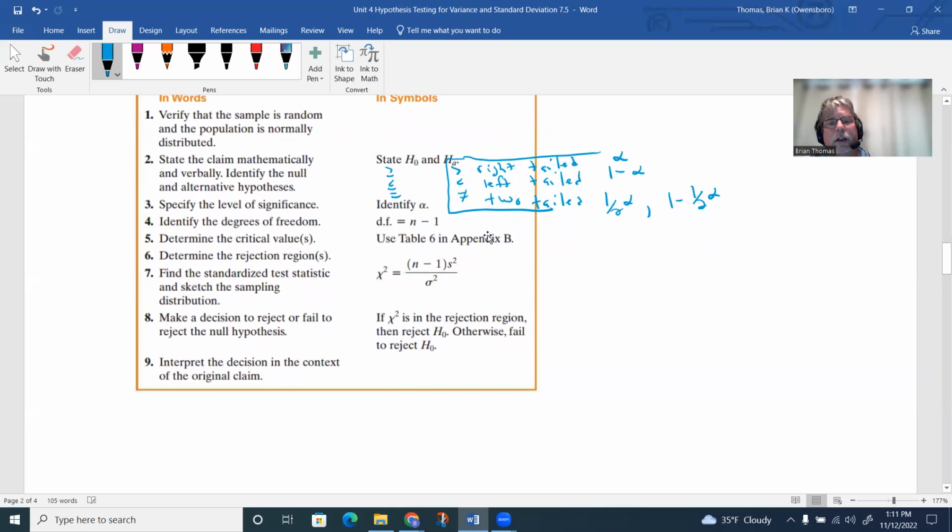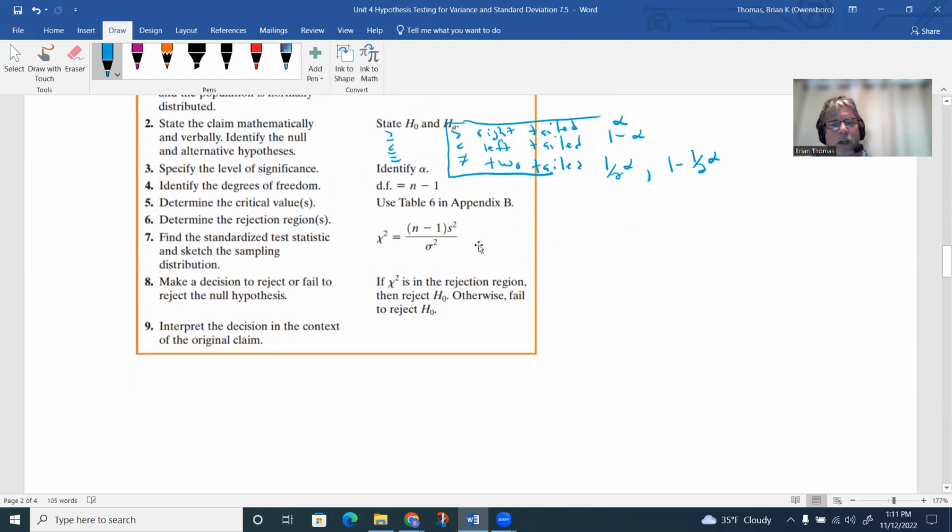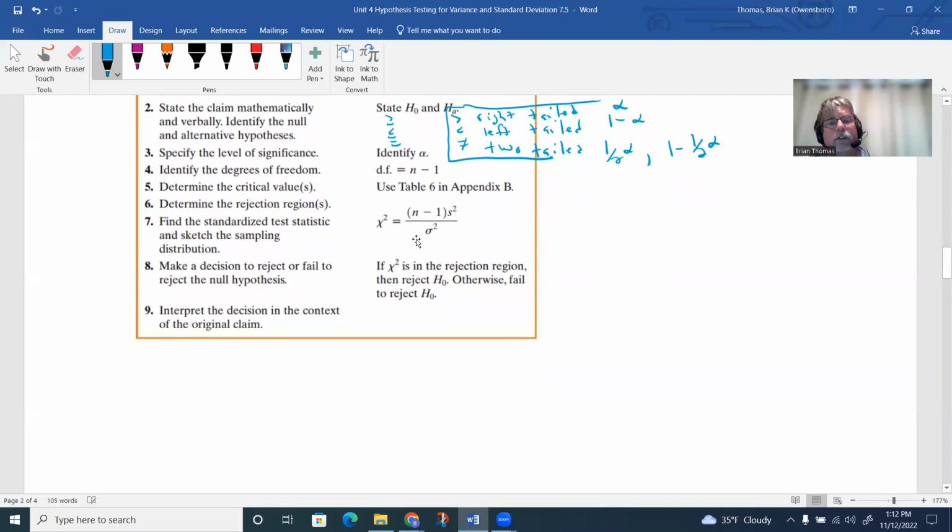That's where we also have to know the degrees of freedom. And we're going to use the table. Actually, we're going to use the PowerPoint table this time. And we have to use this formula to actually do the test statistic. Again, n-1 represents the degrees of freedom. S squared represents the variance of the sample.